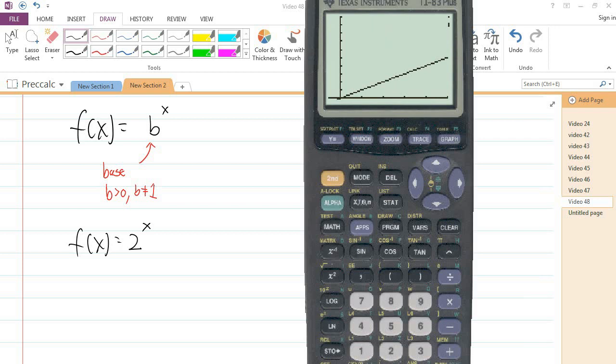There's the line, there's the quadratic, there's the cubic, there's the 10th degree.